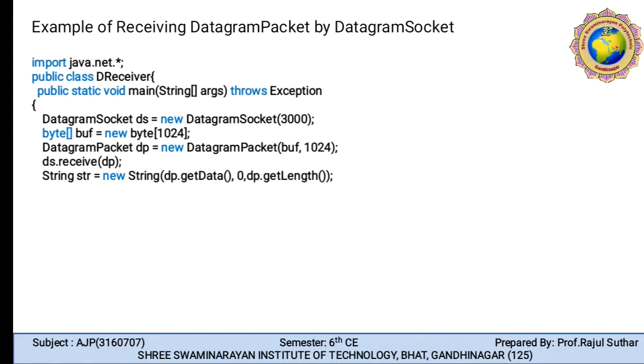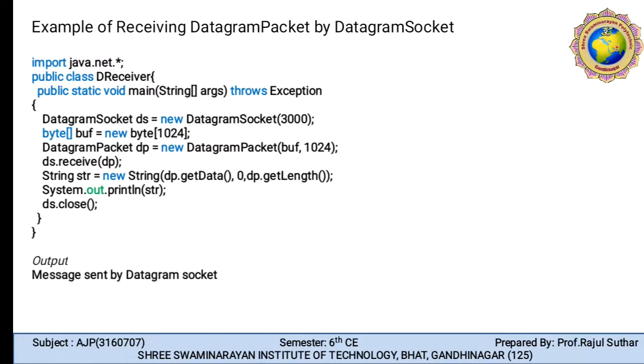String str is equal to new String(dp.getData(), 0, dp.getLength()). Here 0 is used, because the initial bit is starting with 0. System.out.println(str) and ds.close.